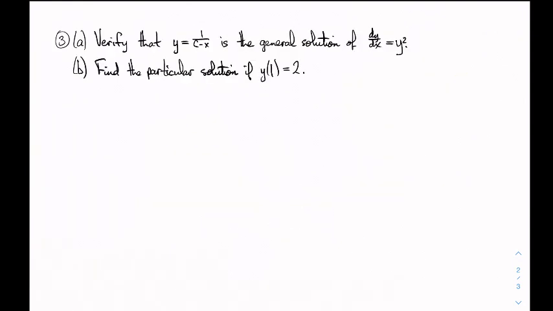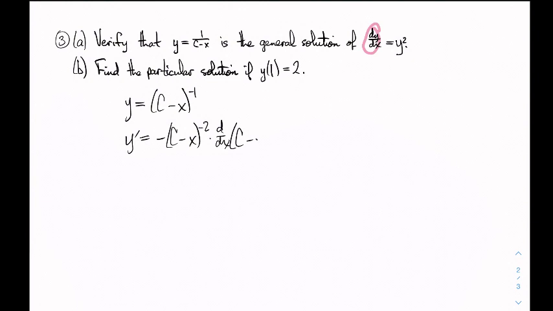Let's do one more. I'm going to take this function here, y equals c minus x to the negative 1, and to substitute it in right here, I'm going to need to differentiate. So I take y prime equals minus c minus x to the negative 2, times by chain rule the derivative of c minus x.